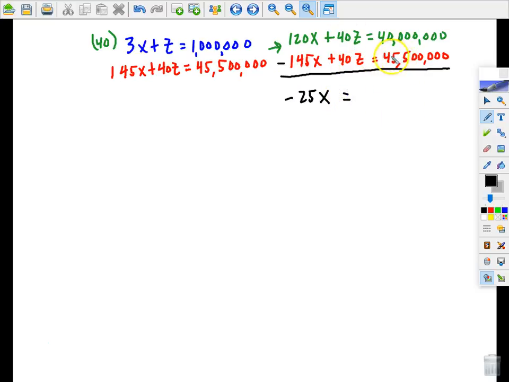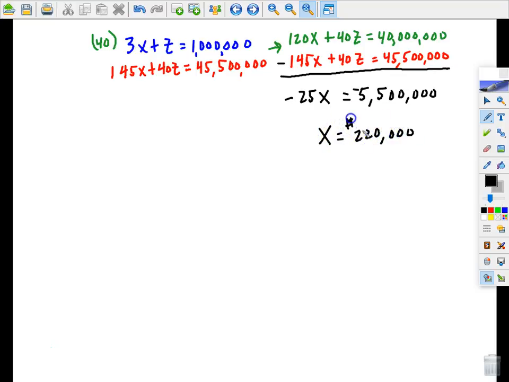And now we're going to subtract 40 million minus 45,500,000, and that's negative 5,500,000. And now we need to divide. So once again, your calculator would probably come in handy here. And when we divide, we get 220,000.